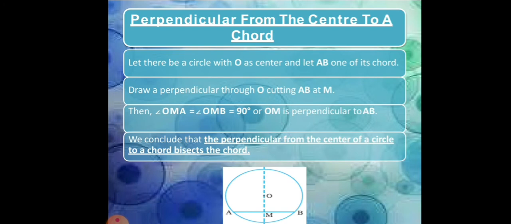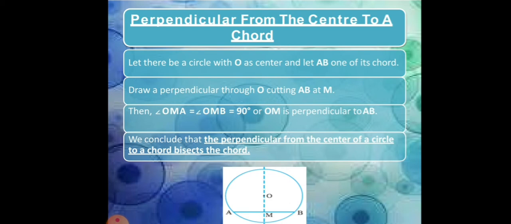Now next is the perpendicular from the center to the chord. Let there be a circle with O as the center. You can see in the figure, and let AB be one of its chords.